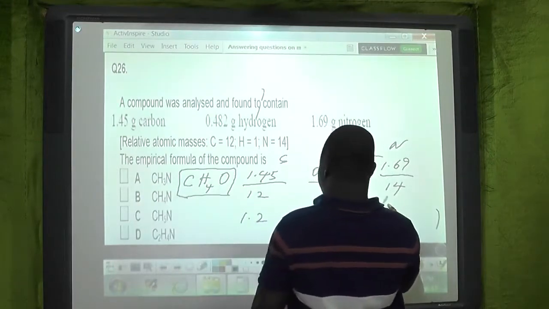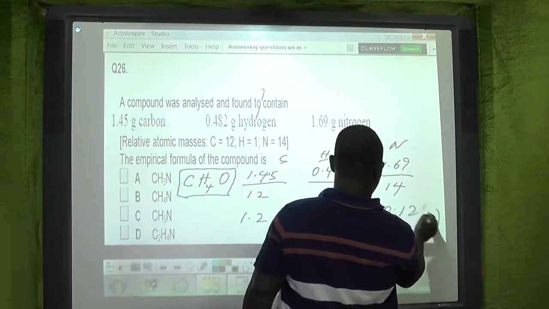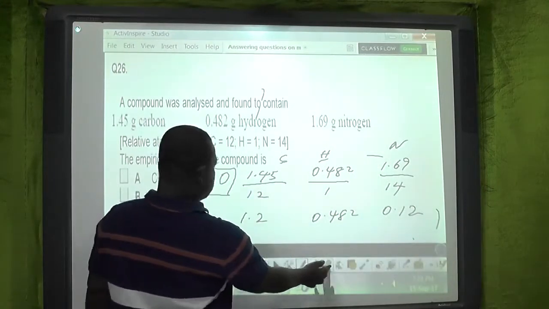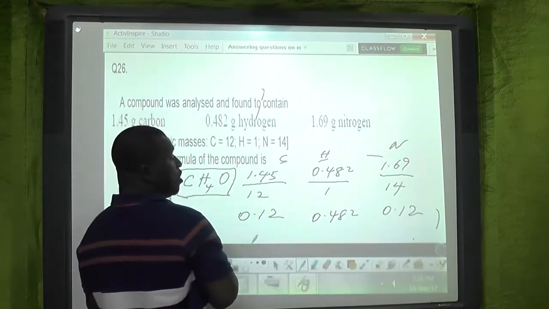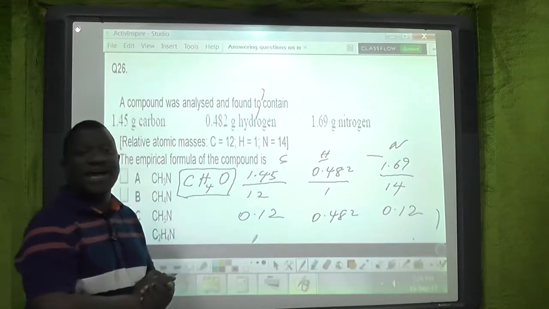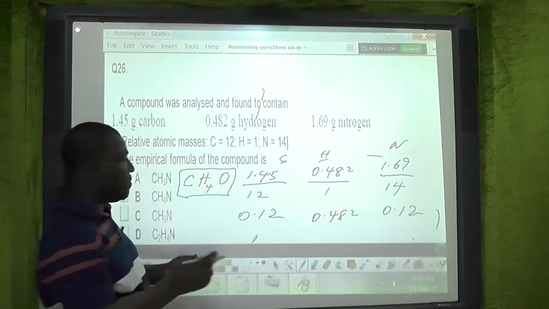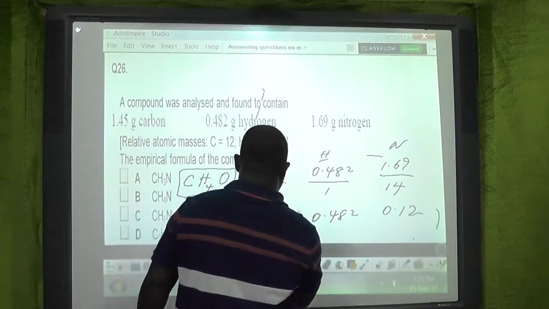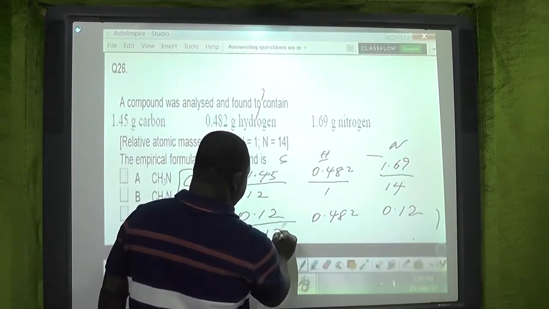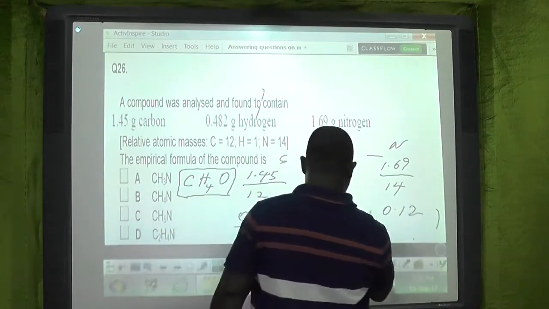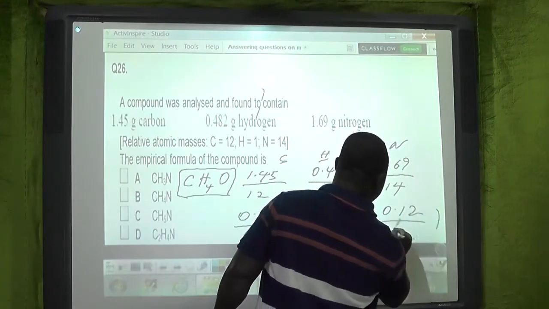Lucky me. So I'm getting the same thing whether I use oxygen or nitrogen, because the numbers are small, and the Mr of oxygen and nitrogen are very near. So I am very lucky.